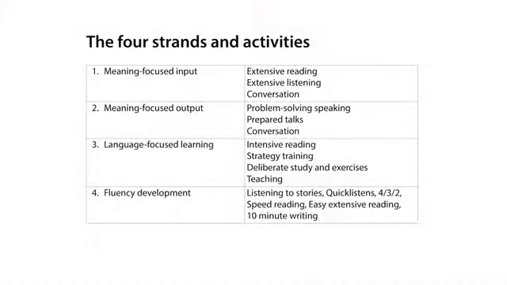Let's now look at each of the four strands to see the kinds of activities which can occur in each strand. In the meaning-focused input strand, we have extensive listening and extensive reading.